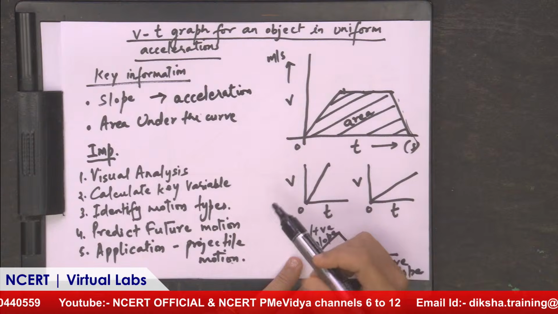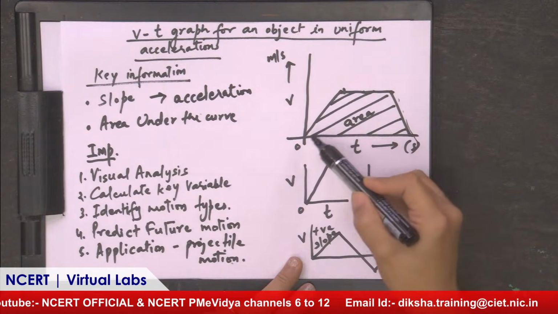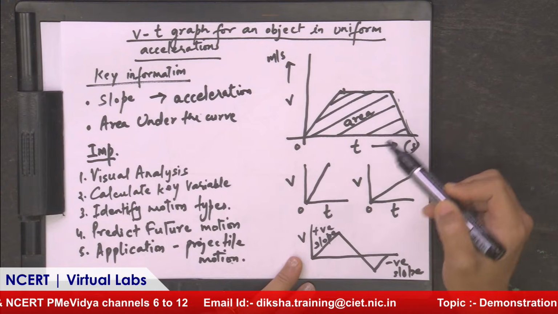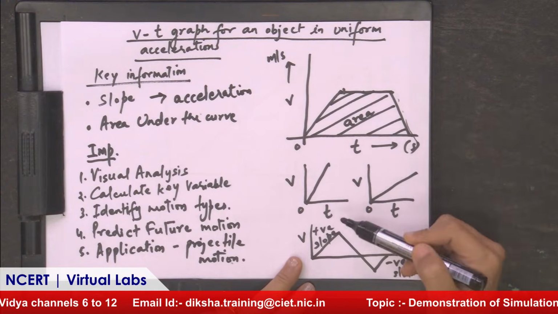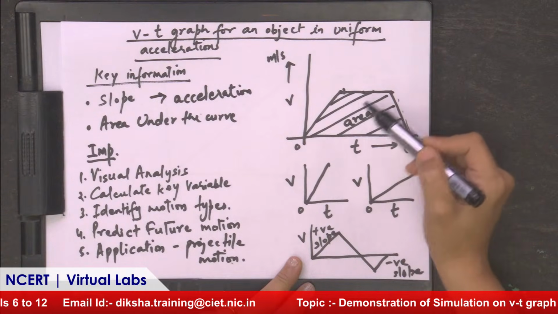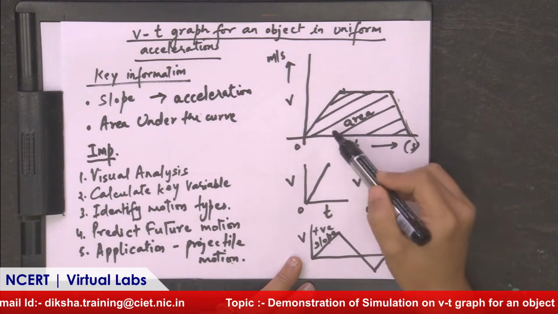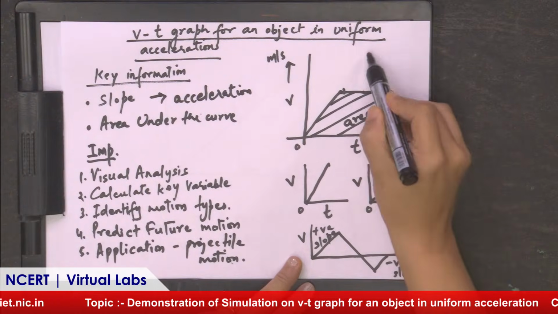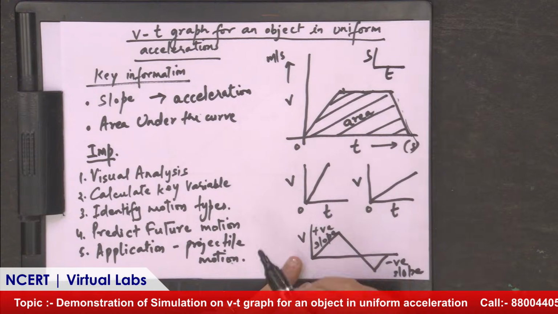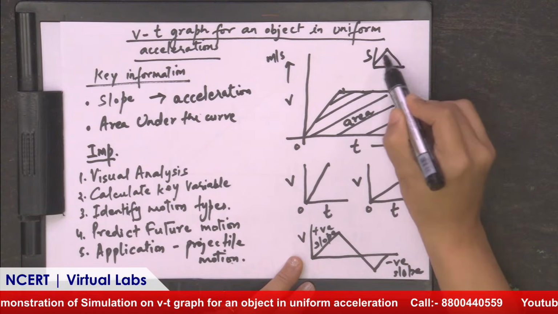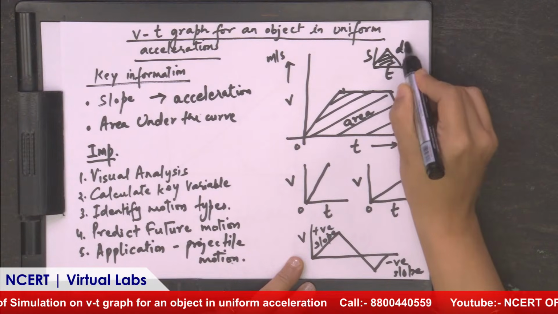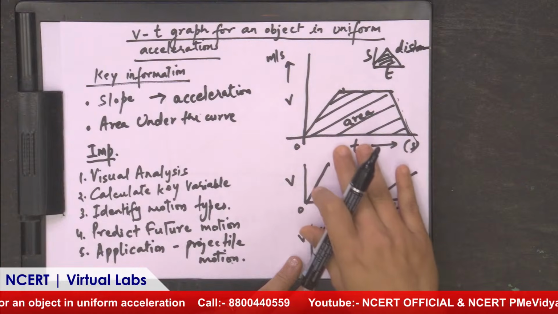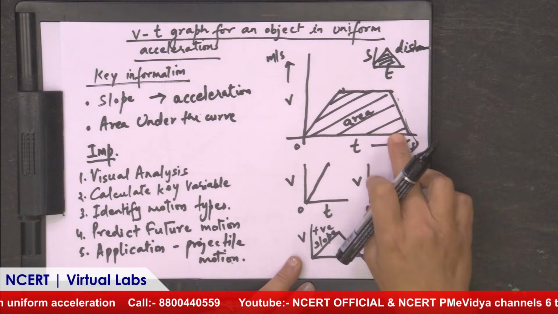And the second point is the area under the curve. By seeing this area, we can easily depict how much displacement it has covered. Since I am using the term velocity, the area gives displacement, because both are vector quantities. But if I plotted a speed and time graph, in this case the area represents distance, because both are scalar quantities. Here it is a vector quantity, so this area depicts its displacement.